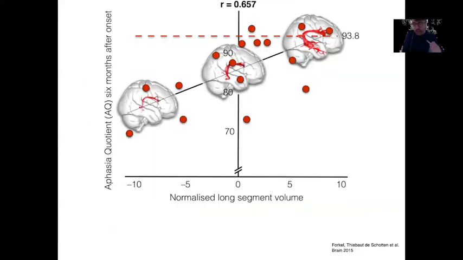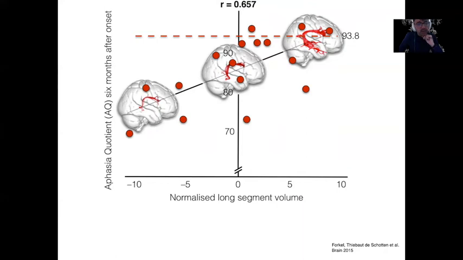Some preliminary findings from Stephanie Forkel, which you will see during the practicals, are already showing a direct correlation between the size of this connection between the frontal and the temporal lobe of the arcuate in the right hemisphere and the recovery from aphasia in patients that had a stroke 6 months before and who were showing language disorder.